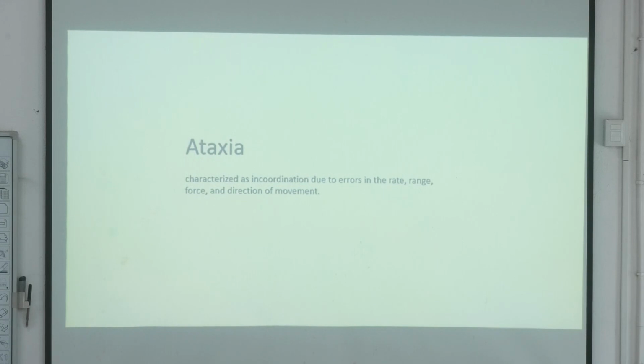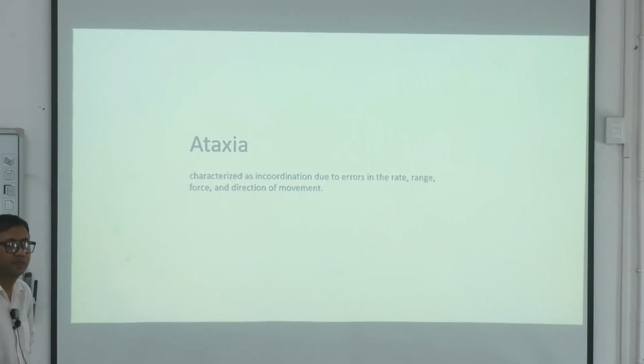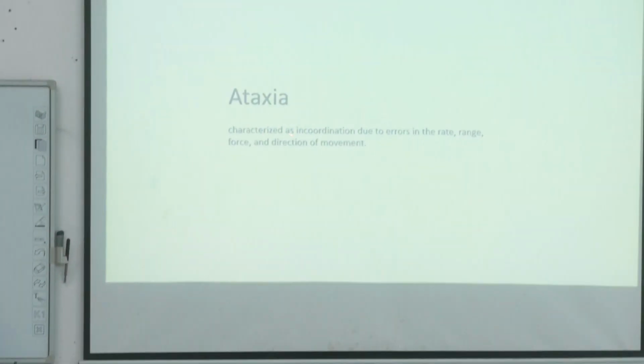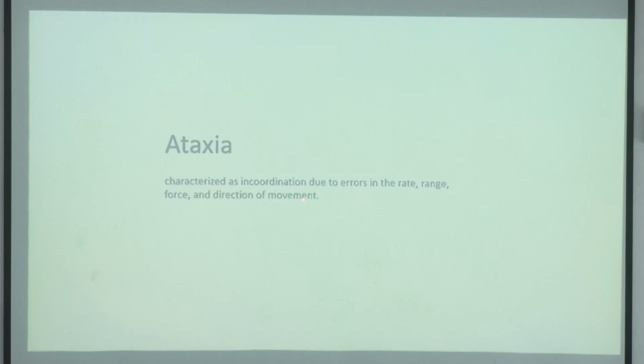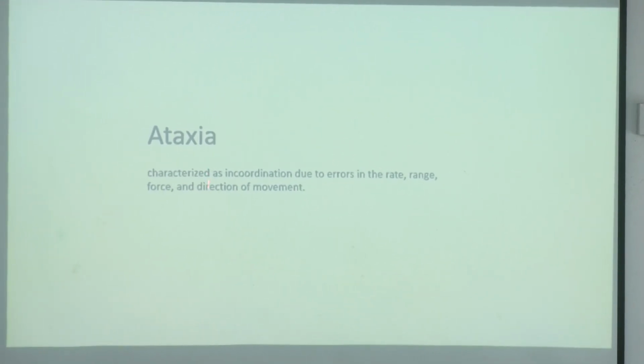Next, ataxia. What is ataxia? By definition, ataxia is characterized as incoordination of movement due to errors in the rate, range, force and direction of movement. This is the definition of ataxia. You must remember.